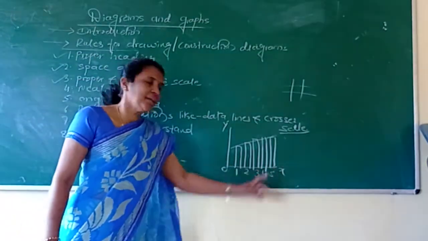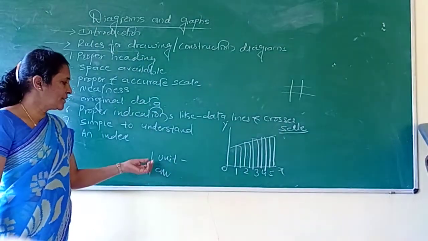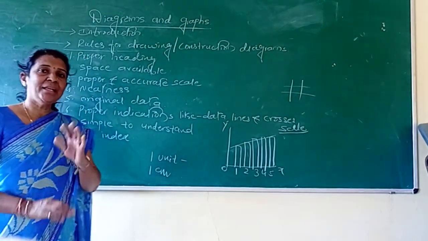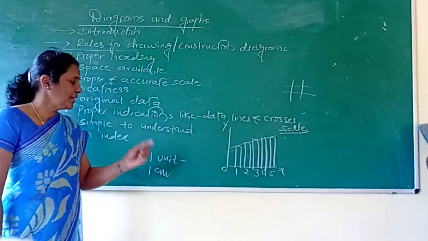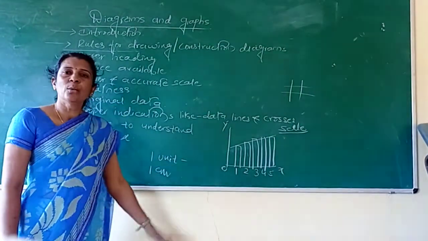On the OX axis, what is the scale of 1 unit? In the same way, on the Y axis, what is the scale of 1 unit?